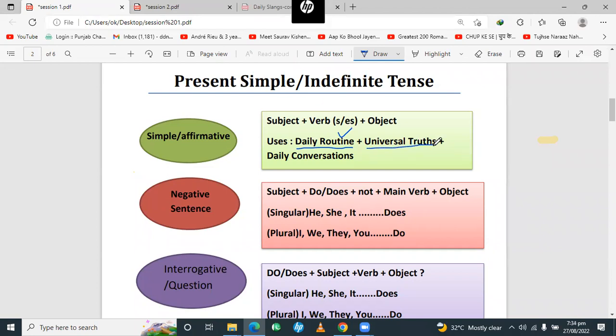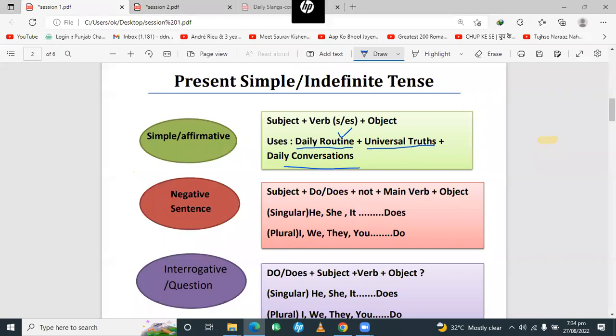And whenever it comes to universal truths, which can never be changed. The main use of present simple is to describe your daily routine, your habitual stuff, or universal truths.